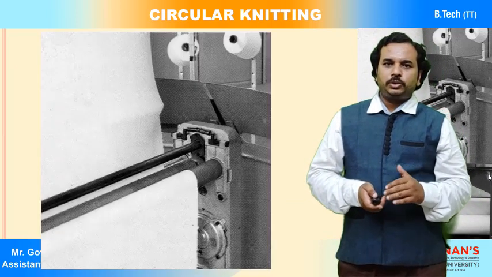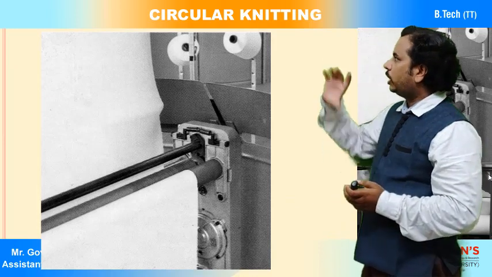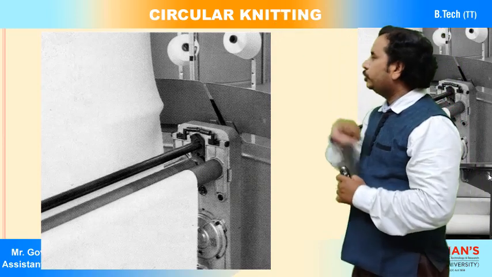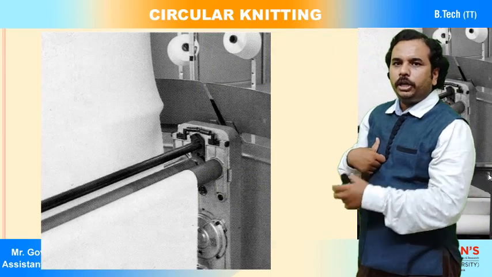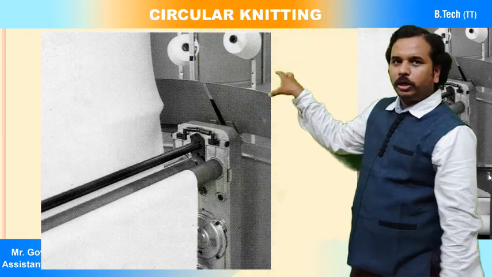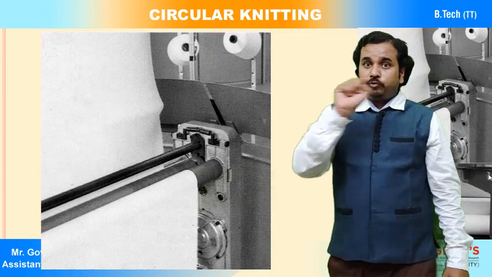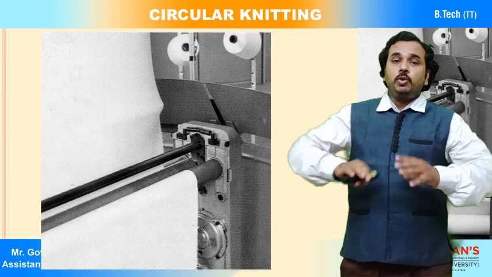In the image you can see the fabric coming from the knitting zone and being taken through the three roller system. There are fluted rollers; you can observe flutes on the roller surface, so the surface is not smooth.